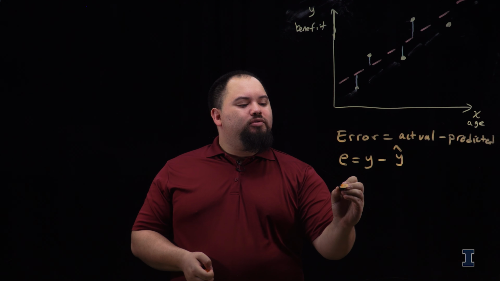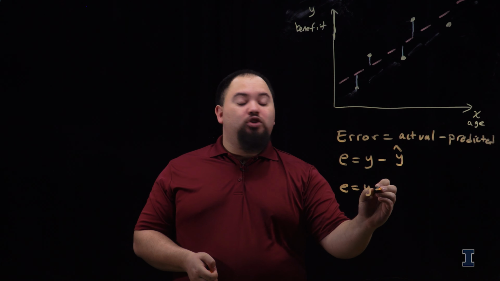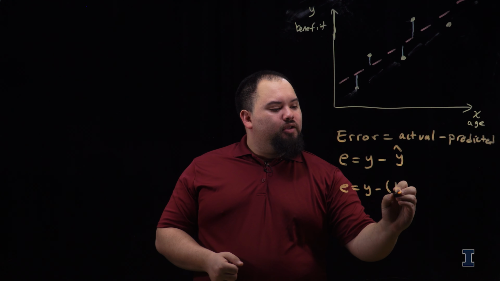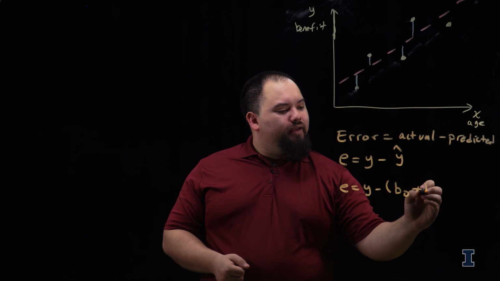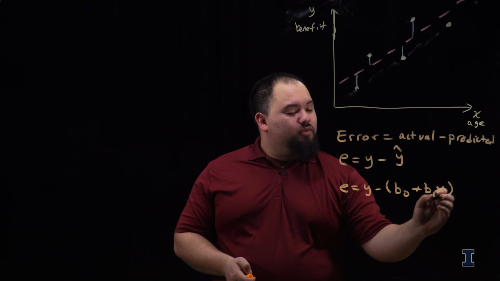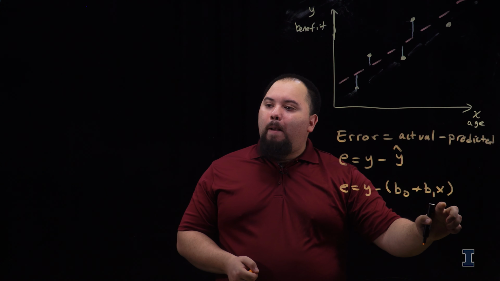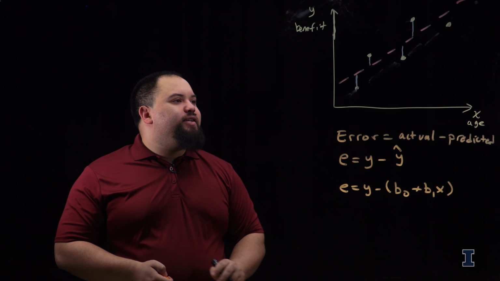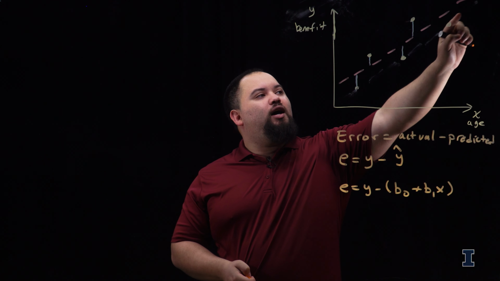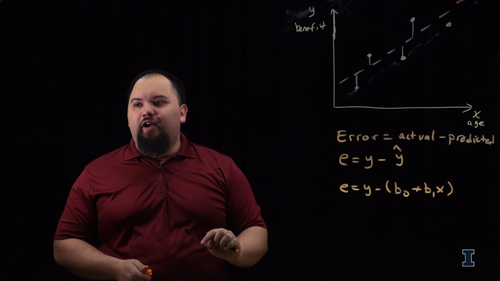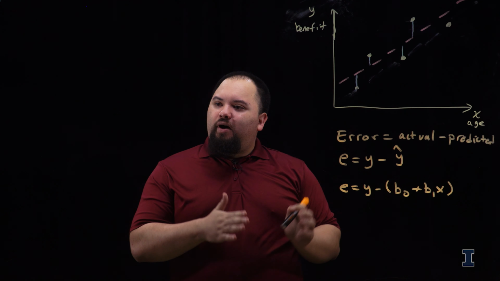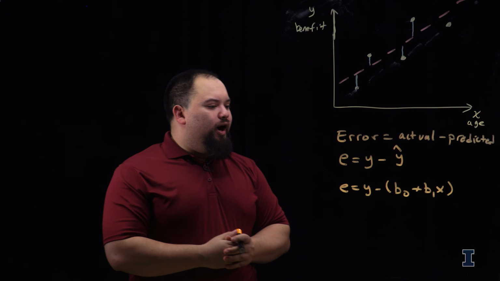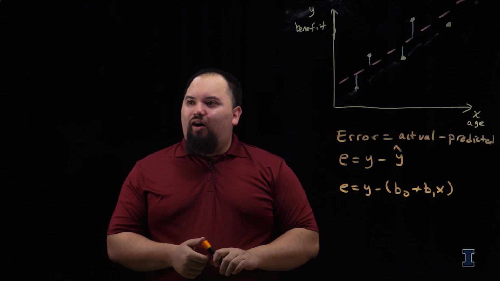We could also describe this using the actual equation of a line with an intercept b0 and a slope b1. This equation here, b0 plus b1x, is the equation of this line here, our best fit line. And so it's saying what y point corresponds to that x on the line, which gives us our error.